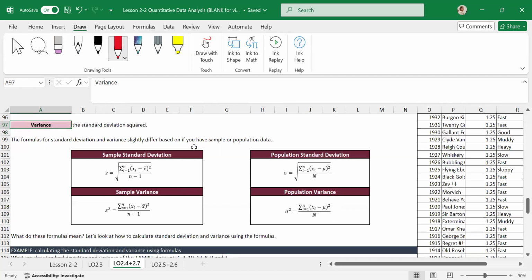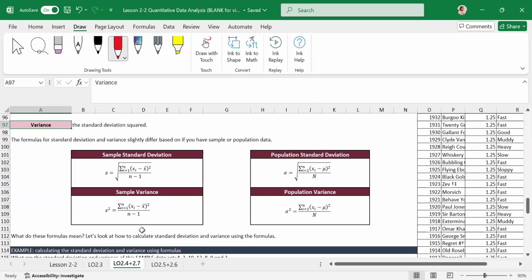There are slightly different formulas for the standard deviation and the variance depending on if you have population or if you have sample data. For the mean, only the symbols changed, but for the standard deviation and the variance, the formulas actually changed too. So it's really important that you select the correct one.